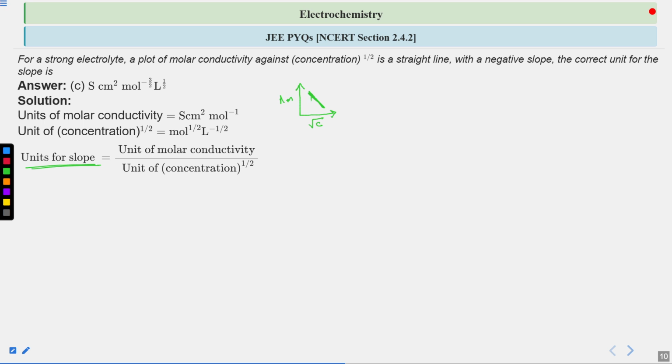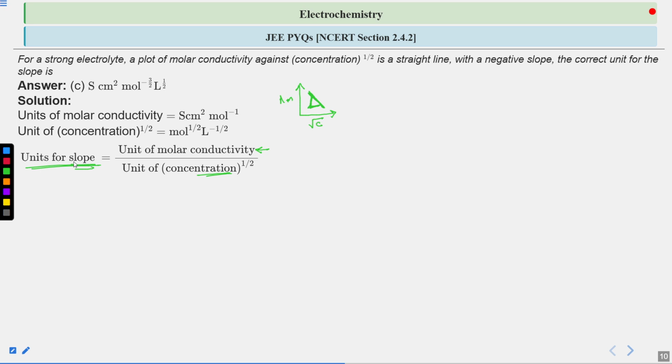So the slope is the ratio of this and this quantity. Y by x is basically the slope. Y is our lambda m, that is the molar conductivity, and the x is our under root c, which is the concentration to the power half. So we just have to put these two things in a fraction to get the unit of slope.